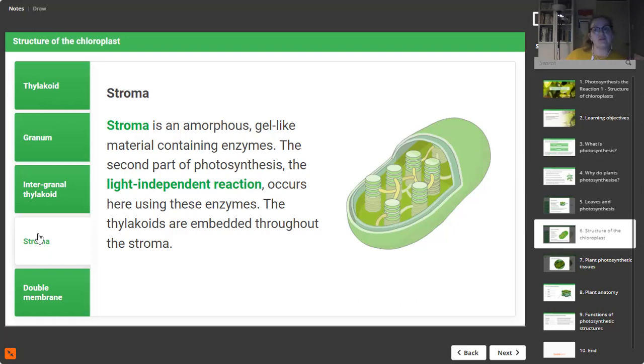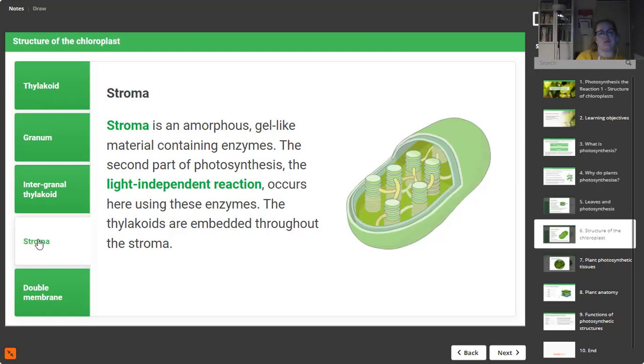It occurs after the light-dependent reaction, in this gel-like material that's full of enzymes. And these enzymes are what's needed for the light-independent reaction to take place. The thylakoids are embedded throughout the stroma, so the stroma fills any of the gaps in the chloroplast where there aren't thylakoids.